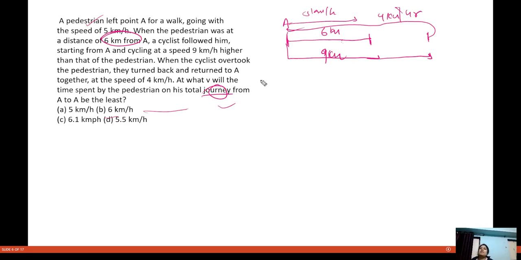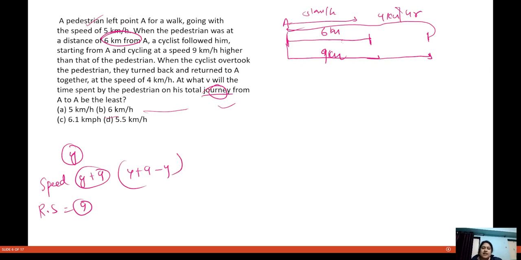So whenever we have to find the minimum time, if we know the variable, then we differentiate and find it out. So what I did here was I assumed that the speed of this pedestrian is y. So the speed of cyclist becomes y plus 9. So the relative speed is given by 9 only, because y plus 9 minus y is the relative speed.